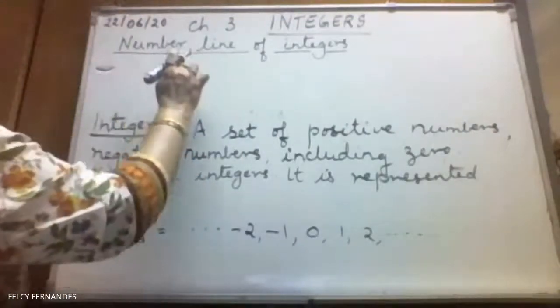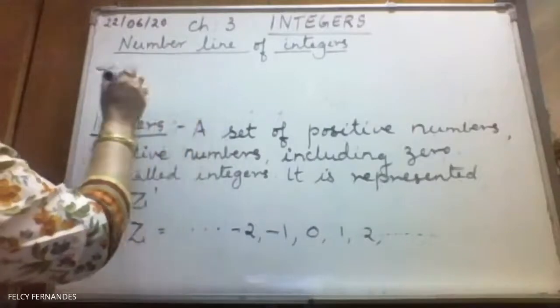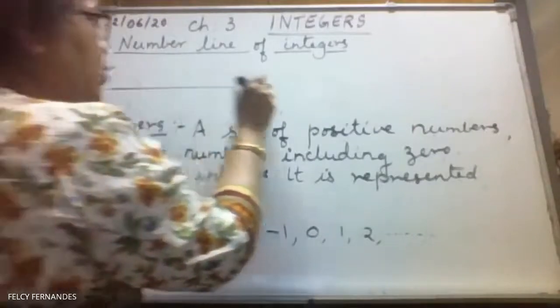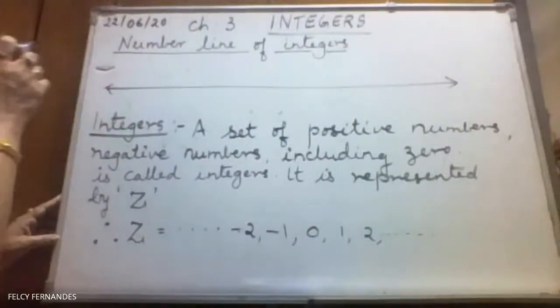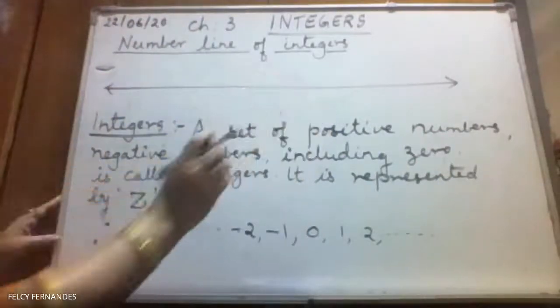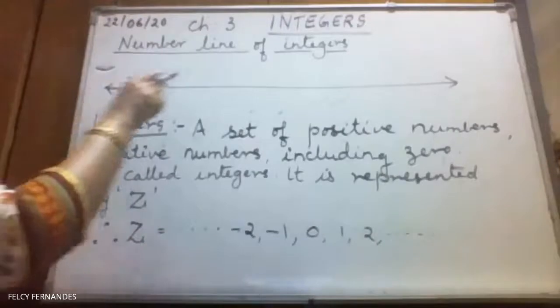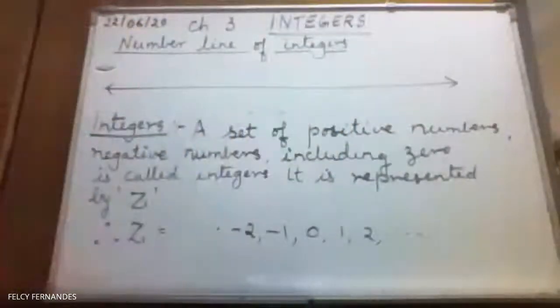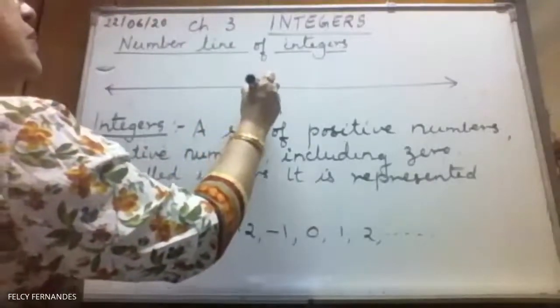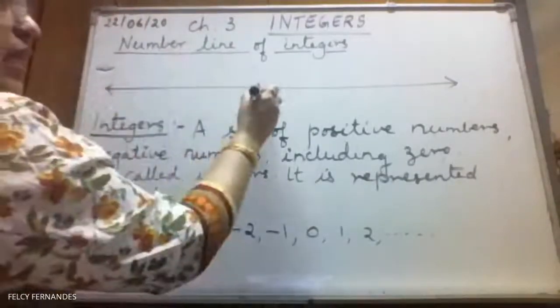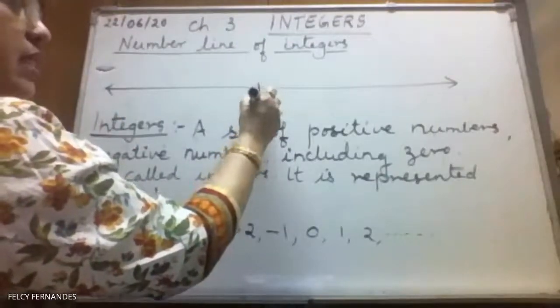You can leave about 2 lines here below this and then draw a long line from one end to the other end. And you need to draw 2 arrow marks on either side of that line. And somewhere in the middle, it should be marked 0.